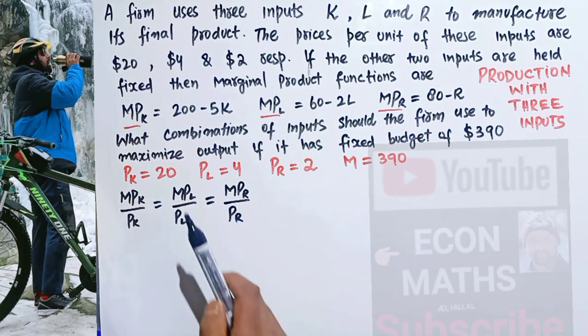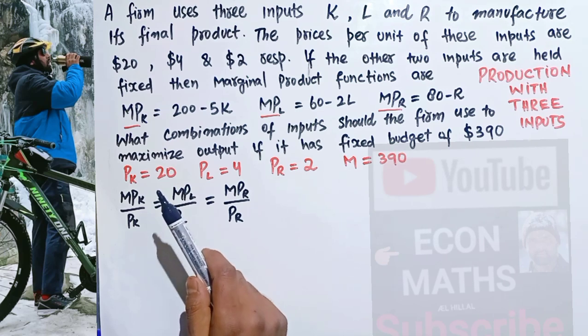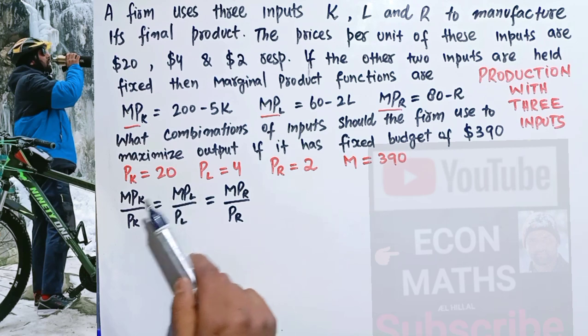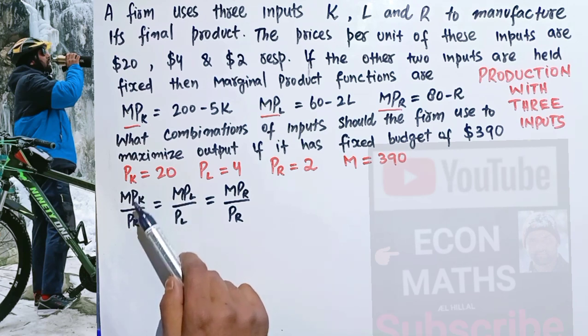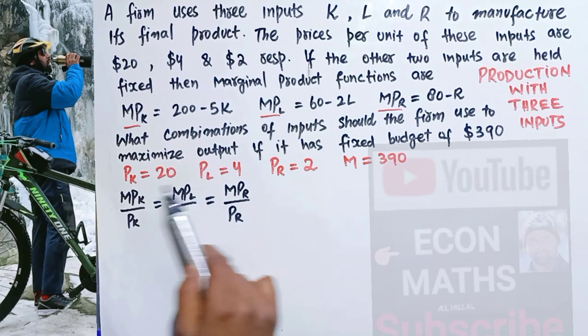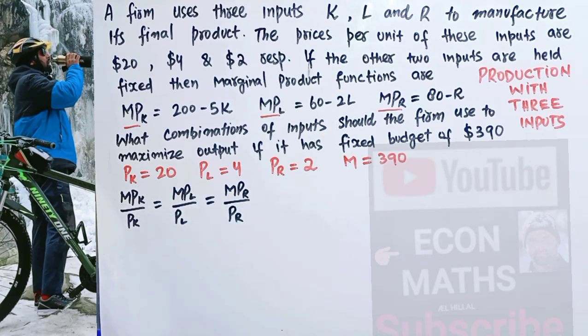It simply tells us that for optimal input determination, the last dollar spent on each input should add the same amount of output. So this condition must hold.